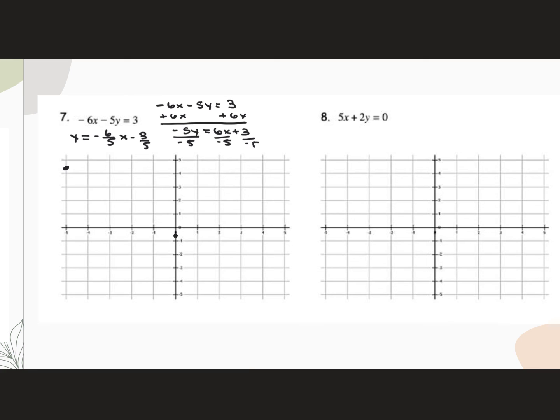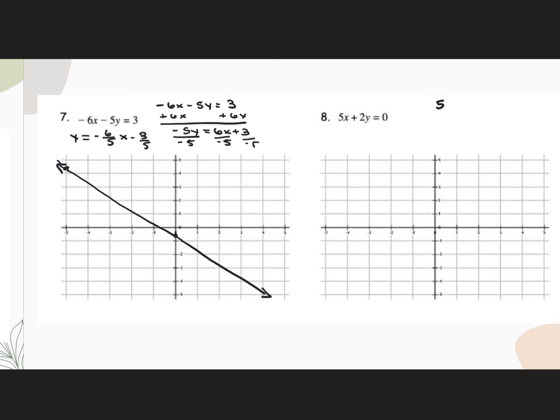Do the opposite, so I'm going to go down 6, which runs off the graph. So using these 2 points, I'm just going to connect my line. Not a very straight or pretty line, but it gets the job done.